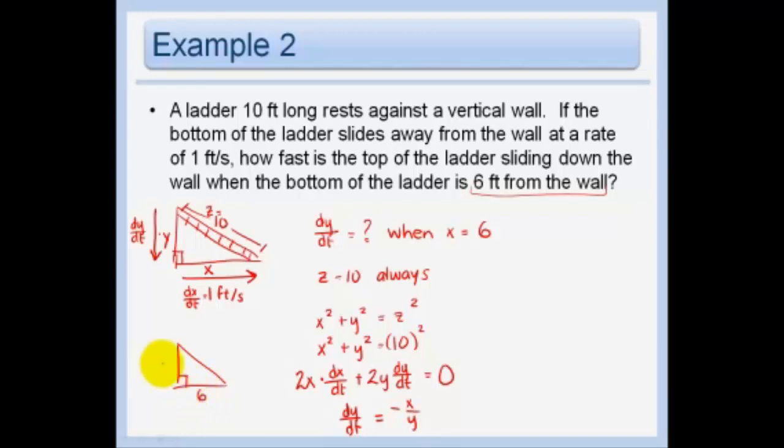We have 6, we have y, and we have 10. And this would just be our 3, 4, 5 triangle, so we don't really need to solve anything. y would be 8. So we have negative 6 over 8, or negative 3/4 feet per second.